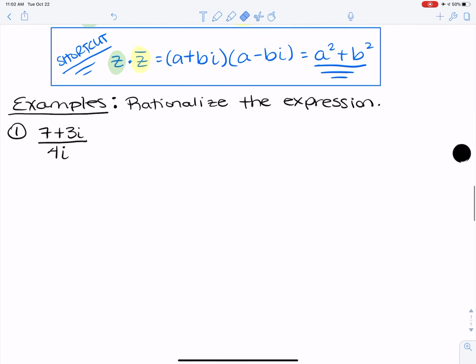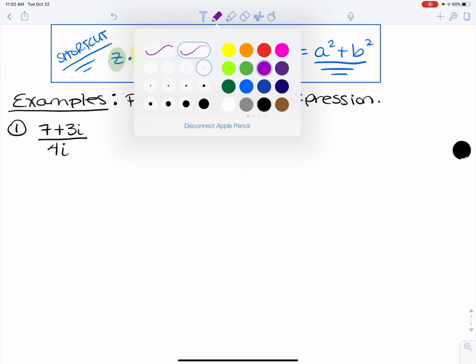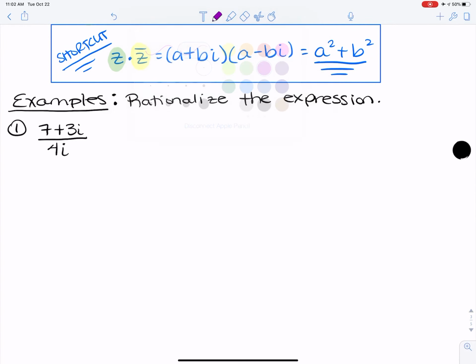So let's do our examples. Rationalize the expression. Okay, so step 1: there is an i in the denominator, and that means no complex number in the denominator allowed. So this is like ding, ding, ding, red flag.